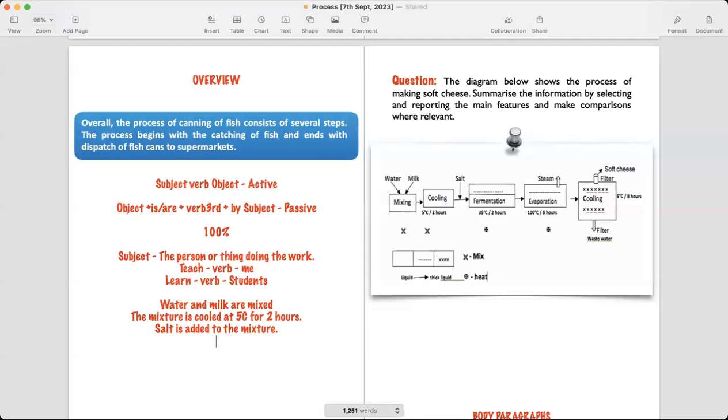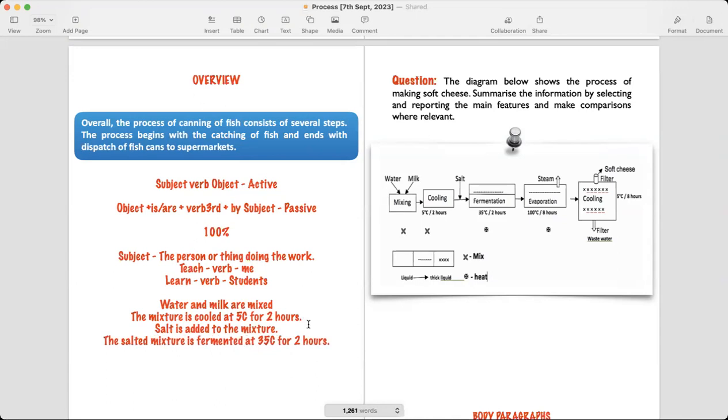So, how would you write? The mixture is fermented at 35 degrees Celsius for 2 hours. Very good. Perfect. अच्छा, यहाँ पे ना, you could have made it salted mixture, the salted mixture. Is it clear? Okay. Yes.